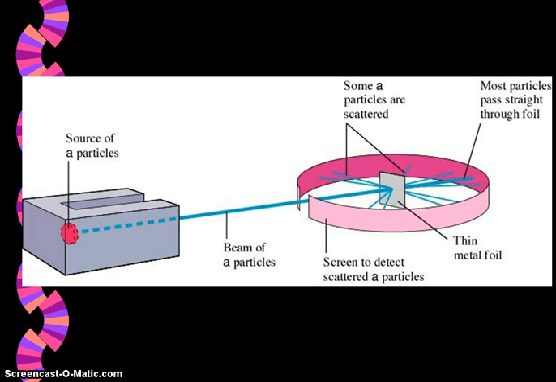And what Ernest Rutherford expected to happen was when those alpha particles were shot into the gold foil, they would go straight through that gold foil and be registered on the back end of that screen detecting alpha particles. Some of the alpha particles did do that, but some of the alpha particles were deflected by the gold foil, and some were deflected by very large angles all the way back to the original source of the alpha particle generation.